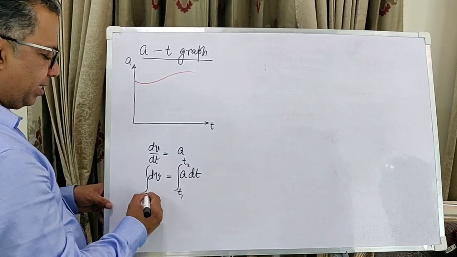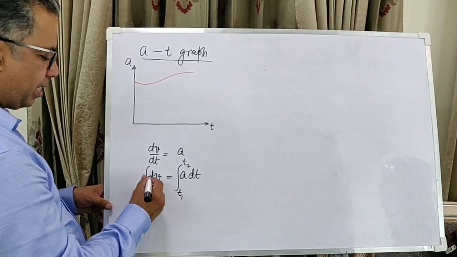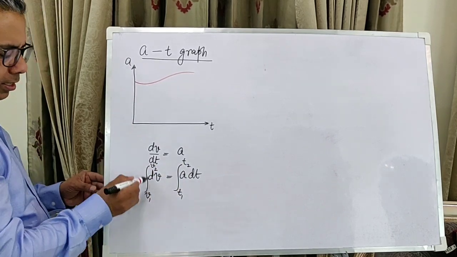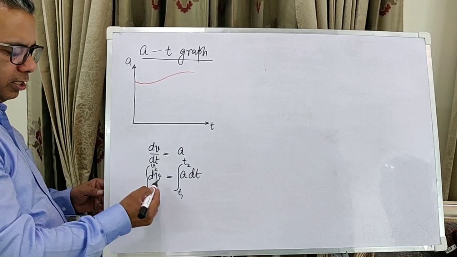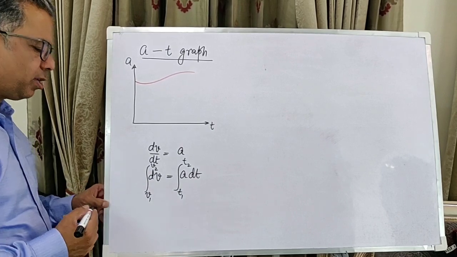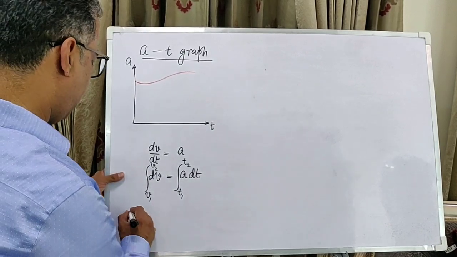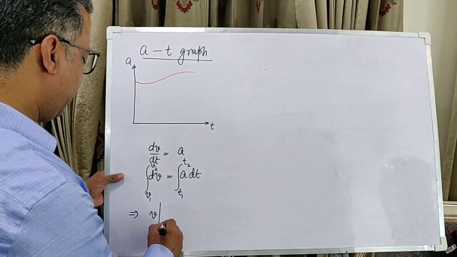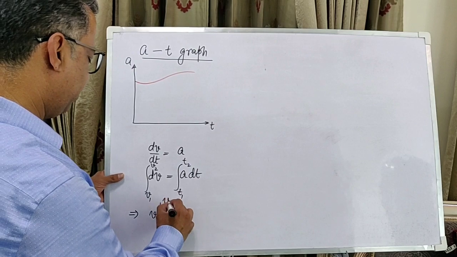At time t1, let's say velocity was v1, and at time t2 velocity is v2. Here the limits of integration will be velocities because we are integrating with respect to velocity. So when dv is integrated, we get v, the limits being v1 and v2.